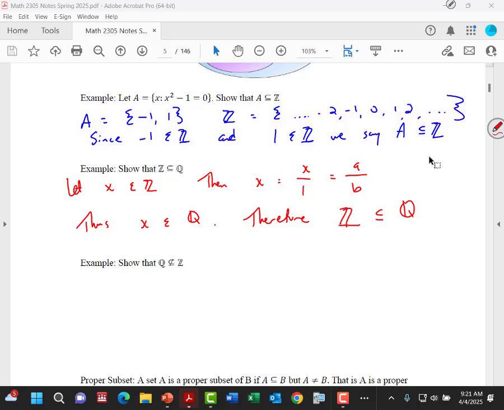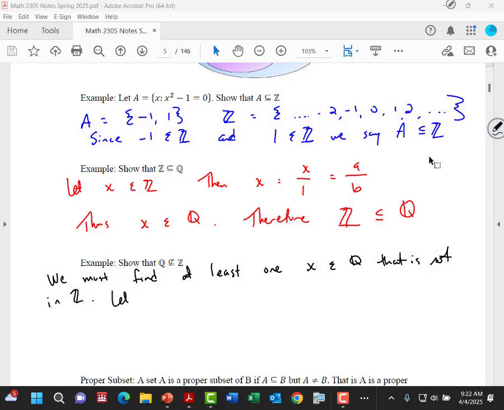Let's do this next example. I wish to show that Q is not a subset of Z. So to show this, I must find at least one element in Q that is not in Z. Okay?